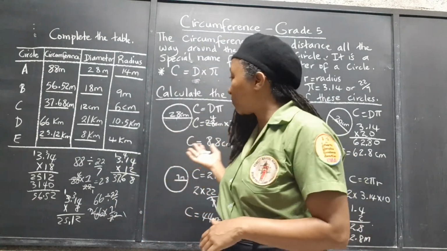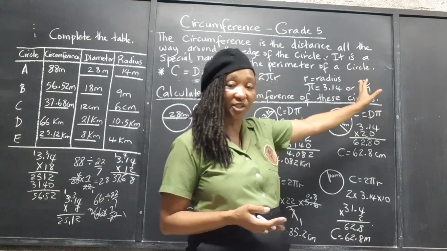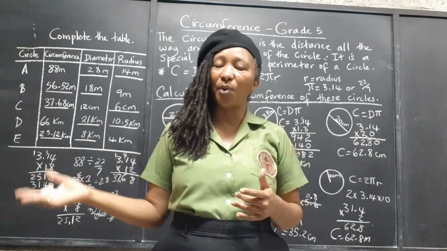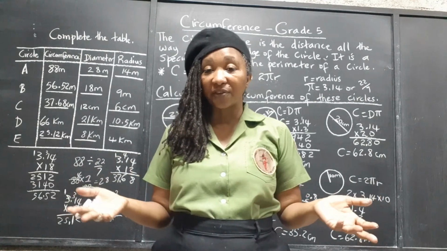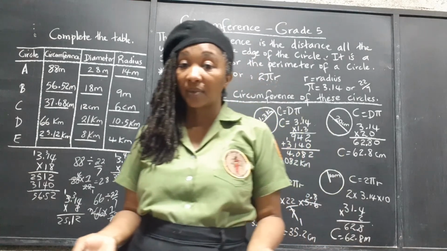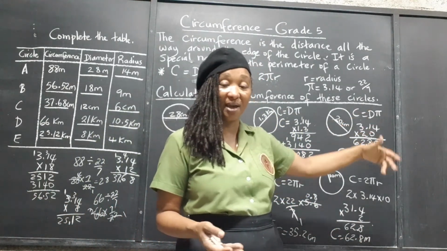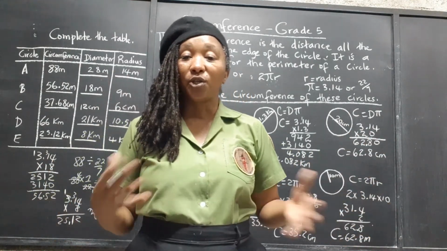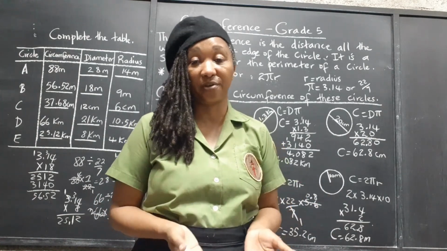Usually if it's a multiple of 7, since we know 7 is in the denominator of the fraction expression of pi, and we see that 7 is going to be able to cancel this number, then use the fraction. If you're given a power of 10, use a decimal because it's easy to multiply the decimal by 10, 100, 1,000 and so on. Alright? So your skills will develop as you go along and you'll know which method you prefer.